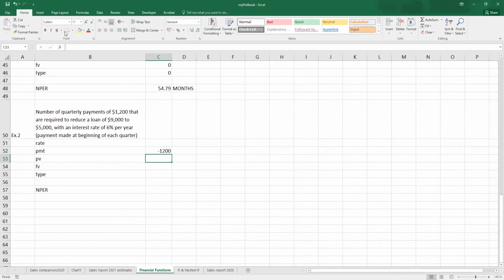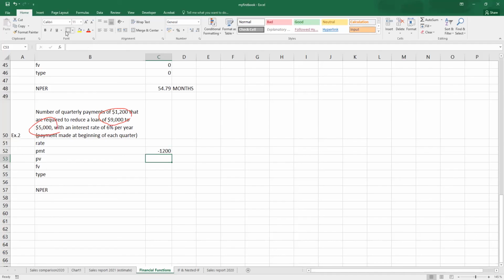This example is a bit tricky, because in other examples I gave you before, we cleared off the debts. But in this one, we just want to reduce the loan from 9,000 to 5,000.